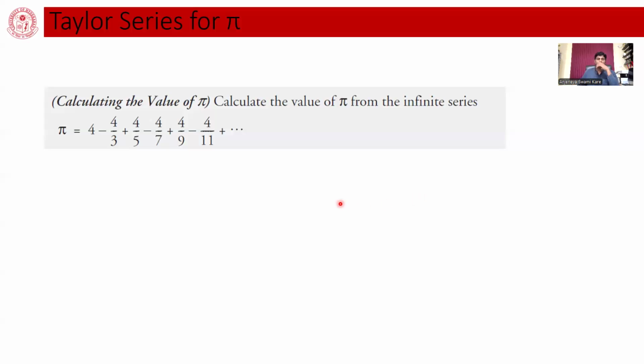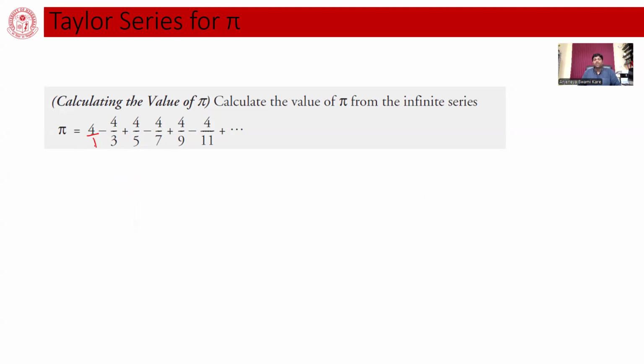Let us first see the infinite Taylor series to approximate the pi value. It goes like this: pi equals 4 minus 4 by 3 plus 4 by 5 minus 4 by 7 and so on. You can treat the first term as 4 by 1.